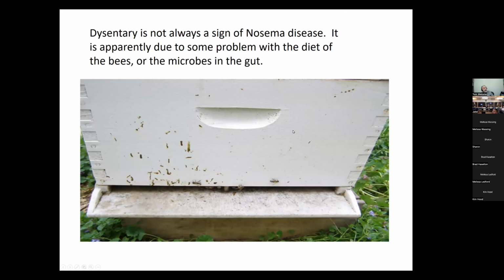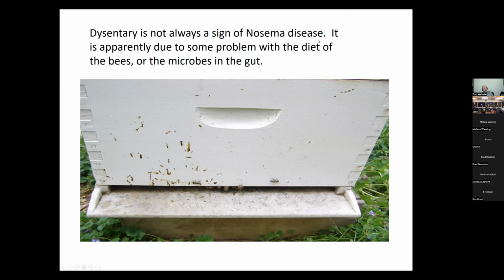Okay, here's another thing we oftentimes see, especially in the spring, but sometimes other times. So bees will come out and they will defecate on the hive entrance. Okay, and we call this dysentery because it's uncontrolled defecation, and the bees will crawl up and defecate, or maybe they'll fly out and defecate in front of the hive.